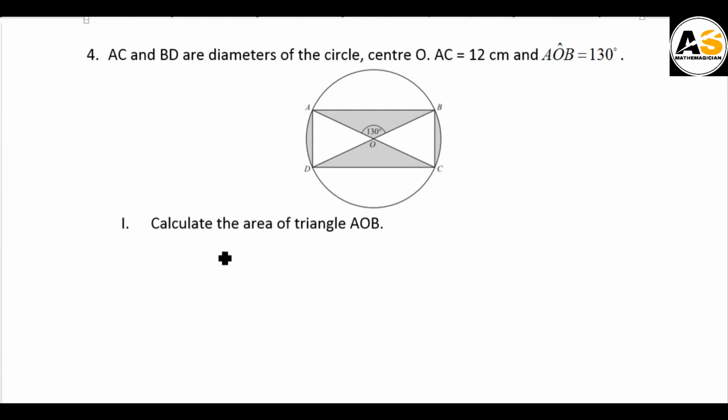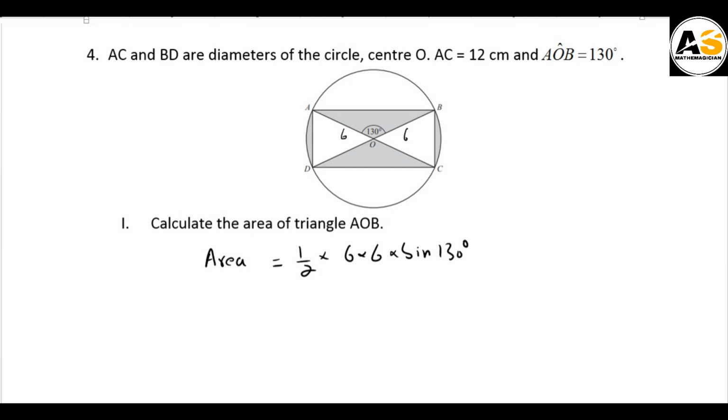It's very simple. We will use sine rule. Area of triangle AOB is 1 by 2 into, this diameter is 12, so this radius will be 6. This will be 6, this will be 6, two sides and their included angle is given. So area will be 1 by 2 into 6 multiplied by 6 into sine 130 degree.